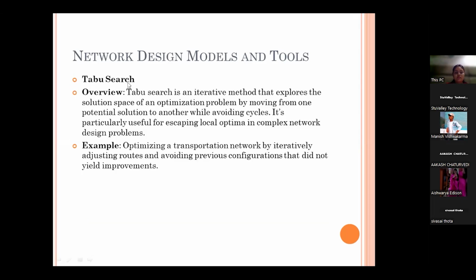So tabu search is also an iterative method. Iterative means it is also a loop method that explores the solution space for an optimization problem by moving from one potential solution to another while avoiding cycles. This is tabu search.